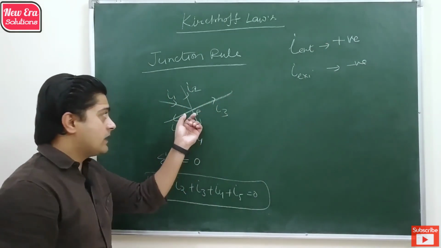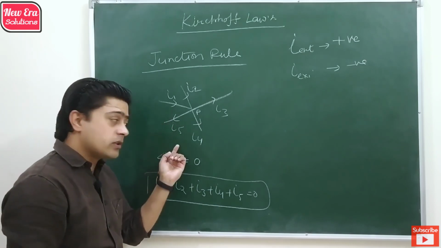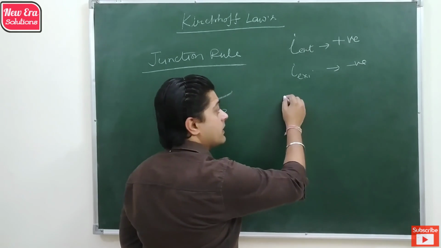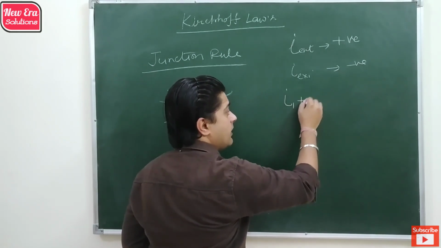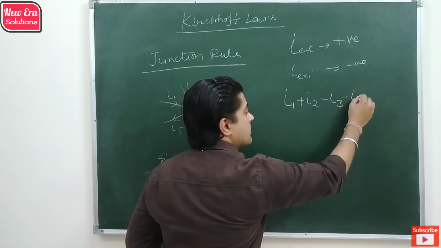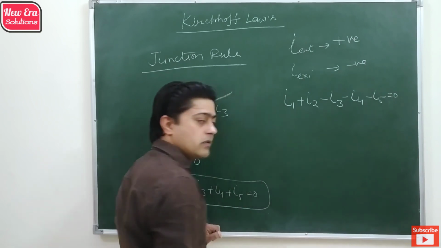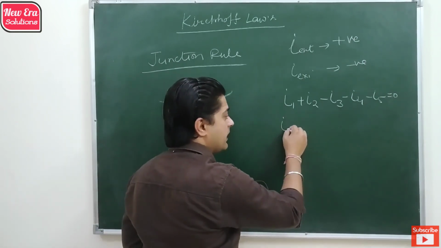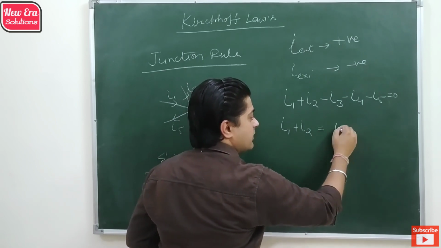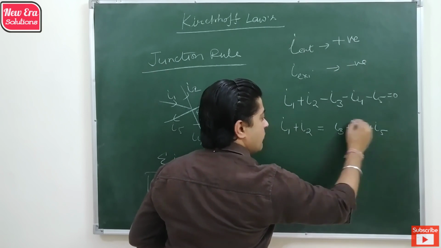In this illustration, the two currents I1 and I2 are entering the junction and the three currents are leaving the junction. By putting in their respective signs, we get I1 plus I2 minus I3 minus I4 minus I5 is equal to 0. Simplifying, we get I1 plus I2 is equal to I3 plus I4 plus I5.